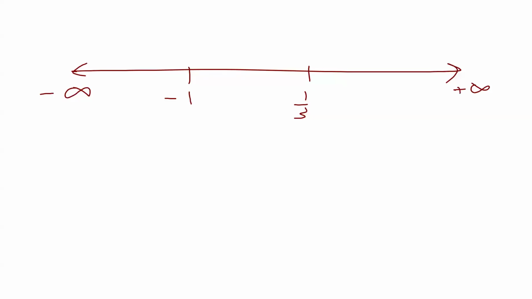Okay. Now see guys, there are three regions over here. We need to select any one point within the regions. So let's take 0. 0 represents region number 2. So put x equal to 0 in 3x minus 1 into x plus 1.